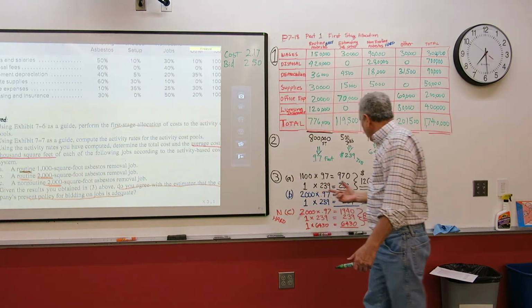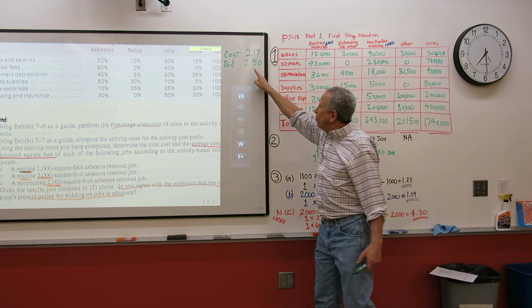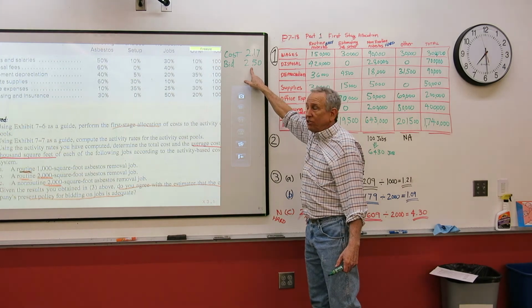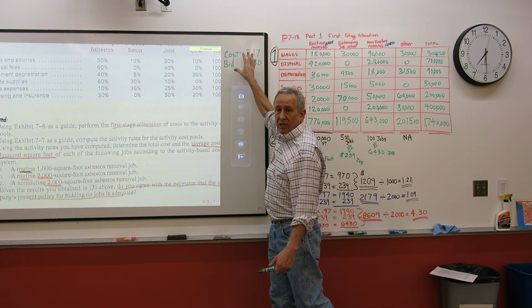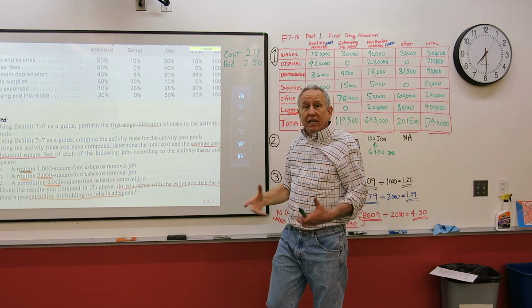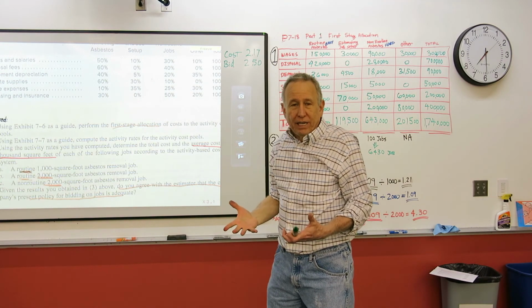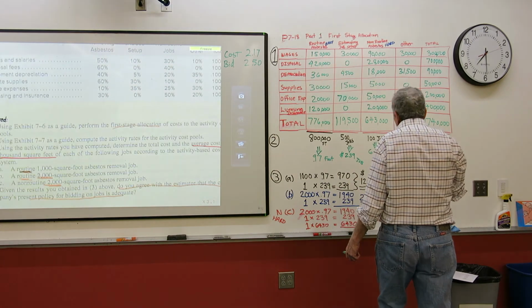Then what's going to happen with more complex work? They'll bid $2.50 a square foot to take out complex, non-routine asbestos, and they're going to get that job because they've underbid. Ignorantly, they've underbid. They didn't know. So now they're going to get that job, and what are they going to do?